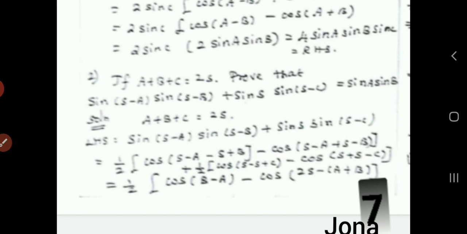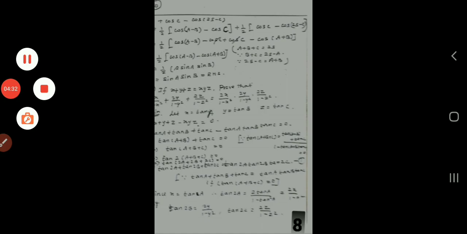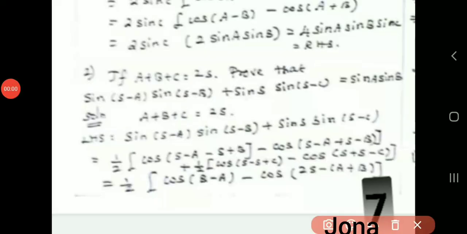Here it's clearly given A plus B plus C equal to 2s, isn't it? Now take the left hand side, sin of s minus A into sin of s minus B plus sin s into sin of s minus C.